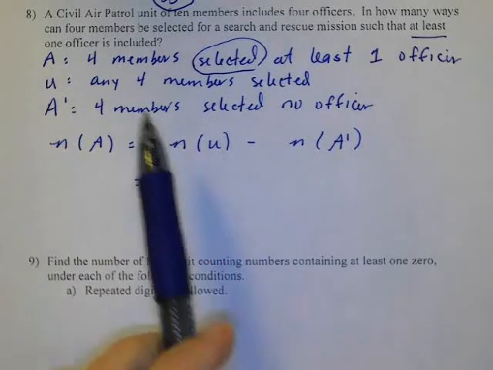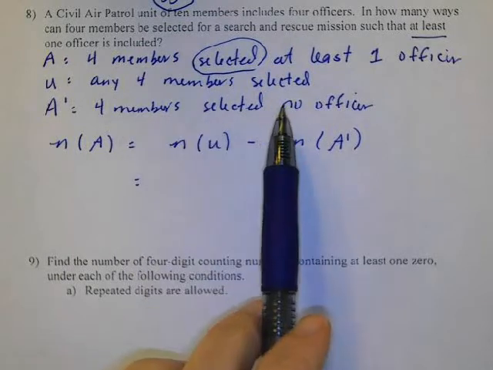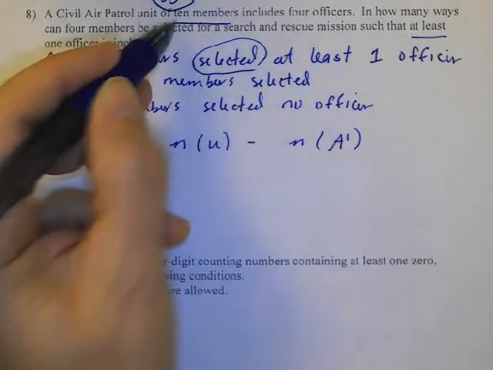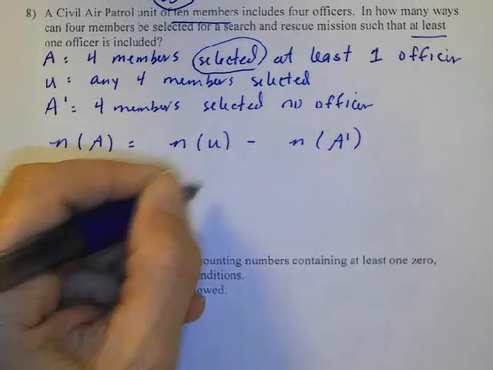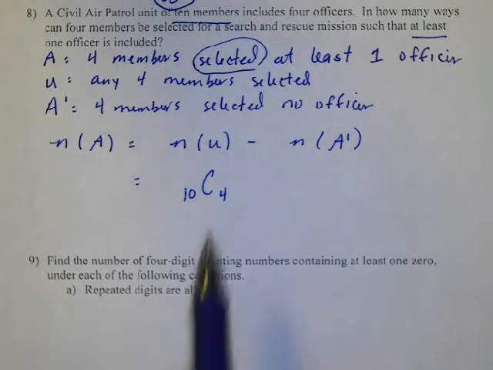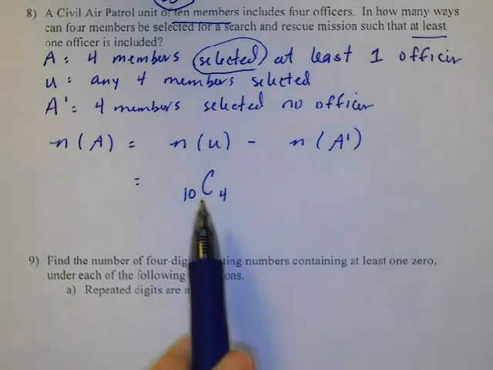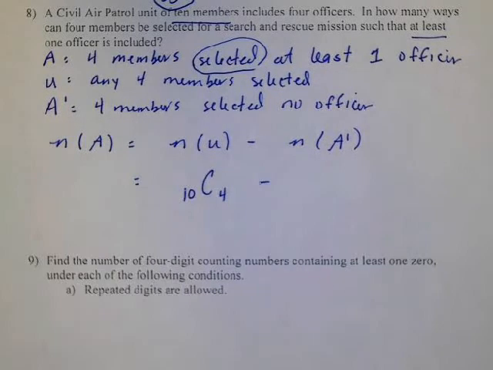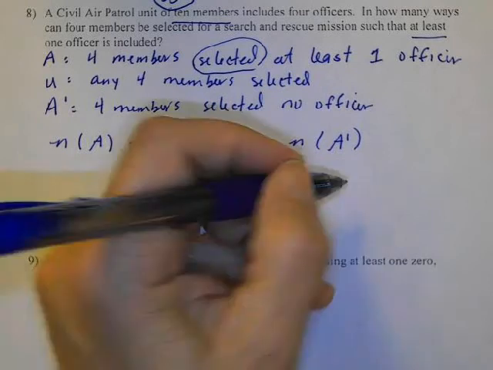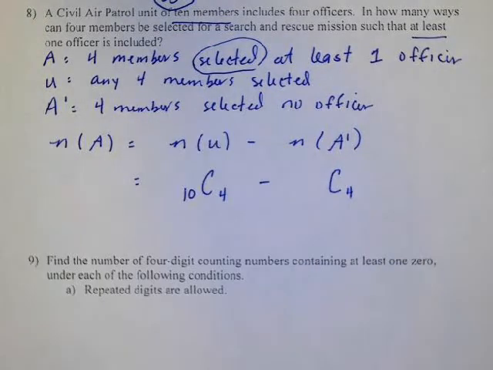Now, n of U is any 4 members selected from everybody who's eligible. They say there are 10 members, so this is 10C4. All 10 are eligible. I need 4 where order doesn't matter and repeats aren't allowed. Minus, A prime says I still need 4 members, so it's still a combination choosing 4, but now I cannot include the officers.